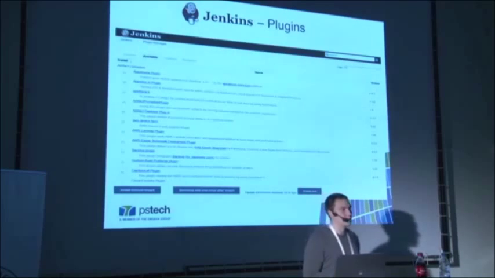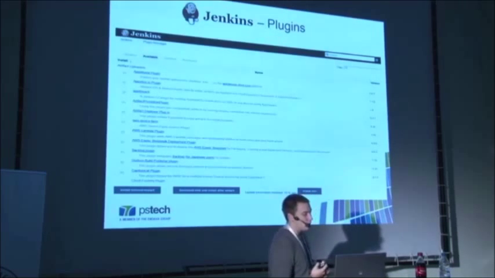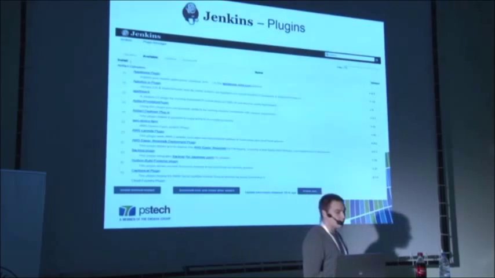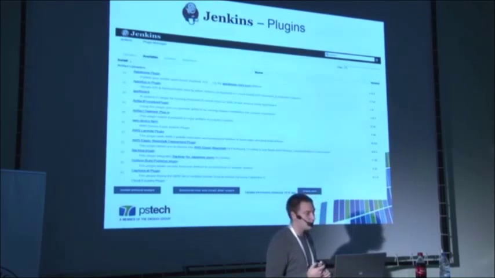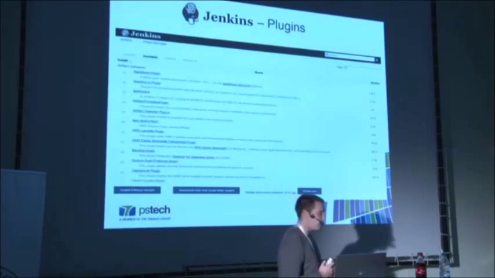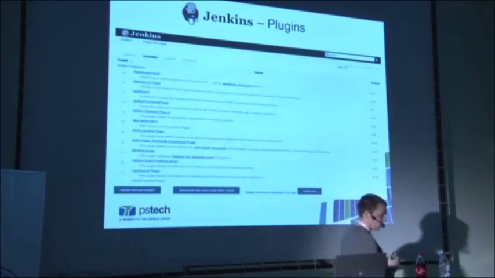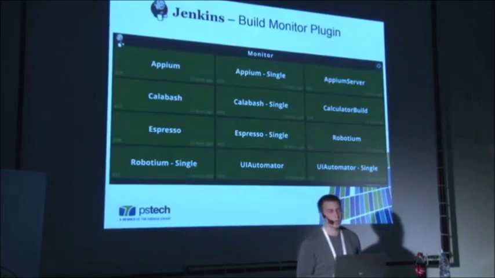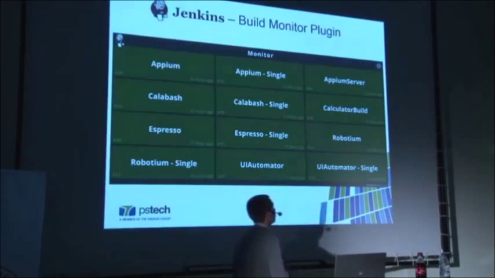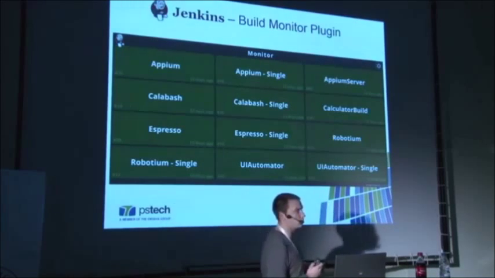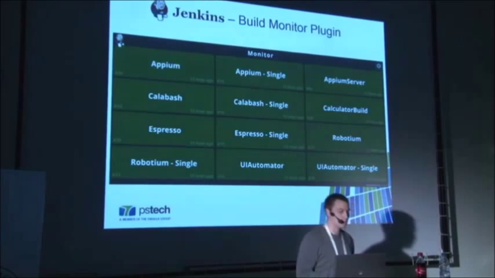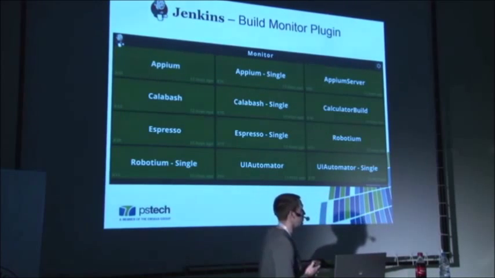It's okay, but after some time it's really annoying. So in order to do something about that, we found one plugin called Build Monitor plugin, where you can select all the jobs that you want to monitor and watch, and it is accessible by one web page.